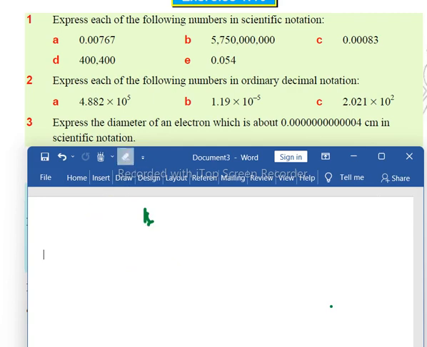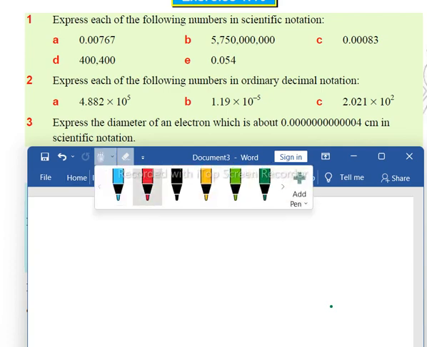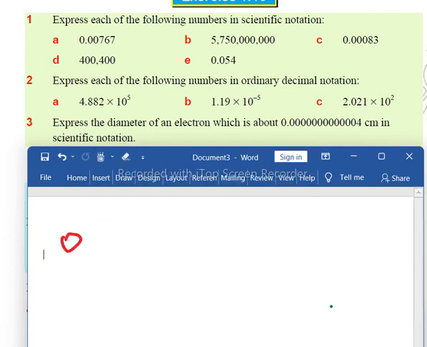So let us write question letter A. It says 0.00767. This is the given number for question letter A. So we have to write this number in the form of scientific notation.